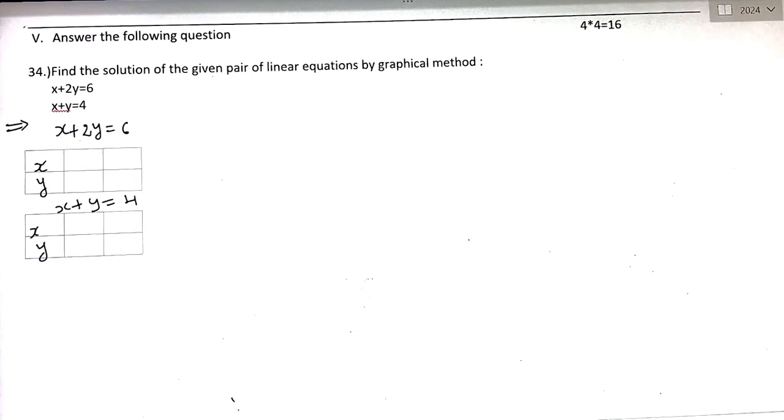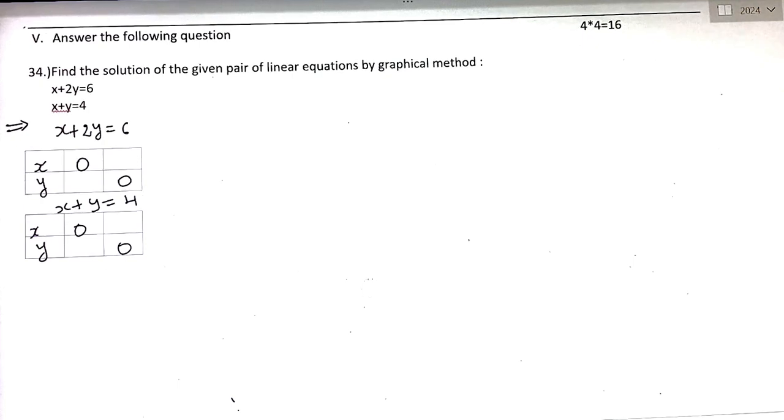Now here we need to consider x as 0 and in the next column we need to consider y as 0. The same in the next table as well. We need to put these values in the equation and get the x and y values.